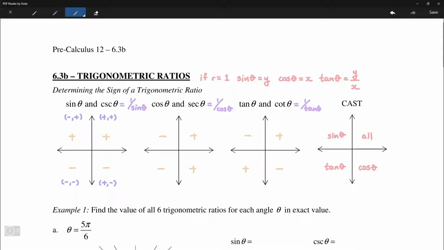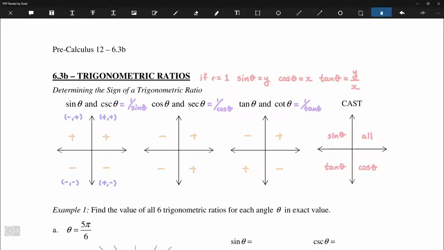And a mnemonic device for this is CAST. So starting with quadrant 4, we have C, A, S, and T. An alternative to that is starting with quadrant 1, all students take calculus, and that's a nice way of remembering which trig ratios are positive in which quadrants.